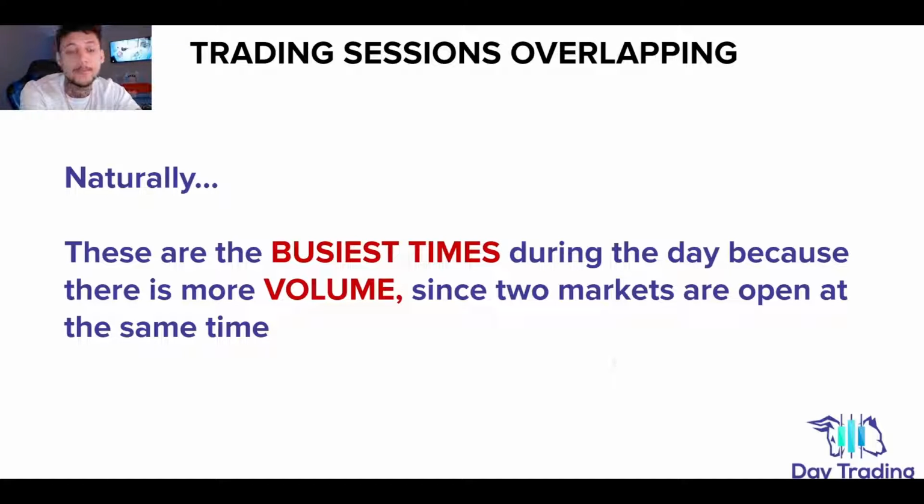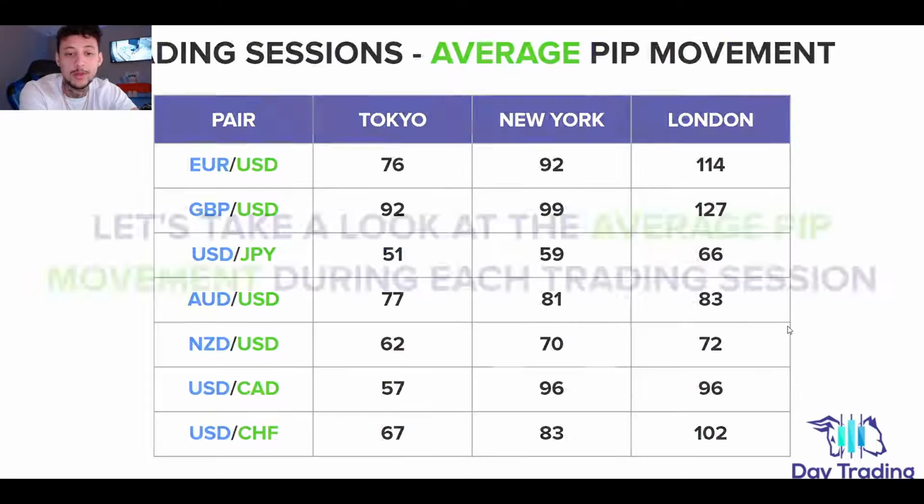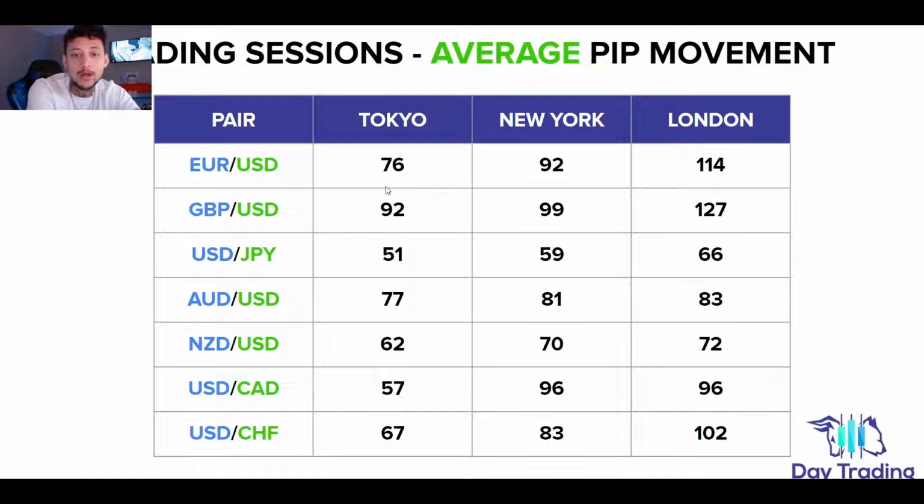This is typically when day traders and scalpers are looking to take positions if they haven't already, or are just manually watching their trades. So let's take a look at the average pip movement during each trading session. This is how much each market moves in terms of pips, on average, during the Tokyo and the London session. The first thing you're going to notice is that the London session typically has the biggest pip movements for these currency pairs.